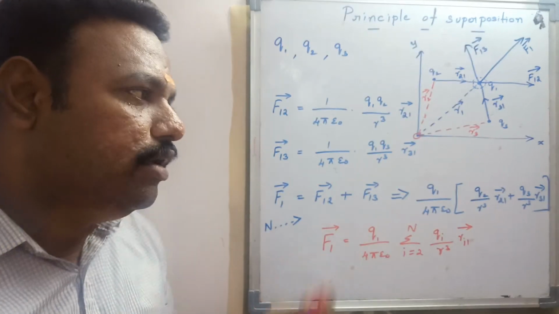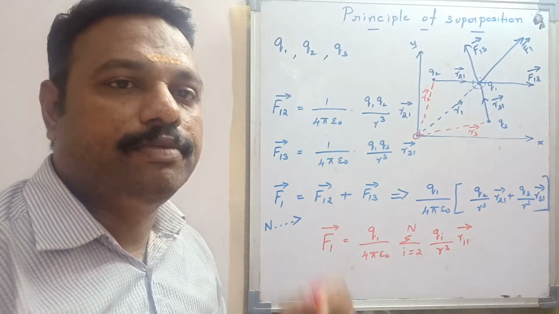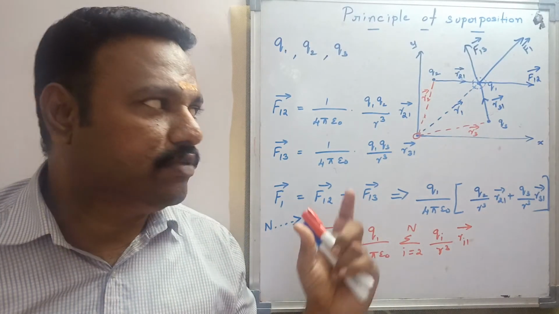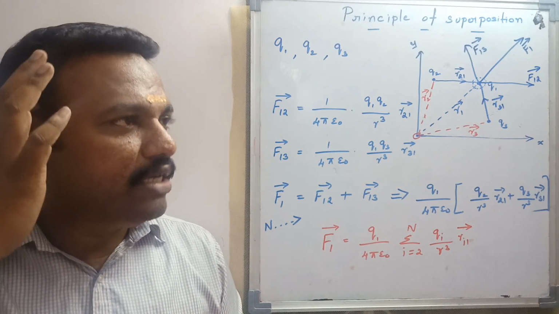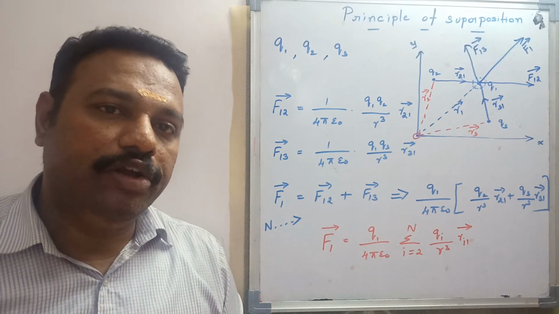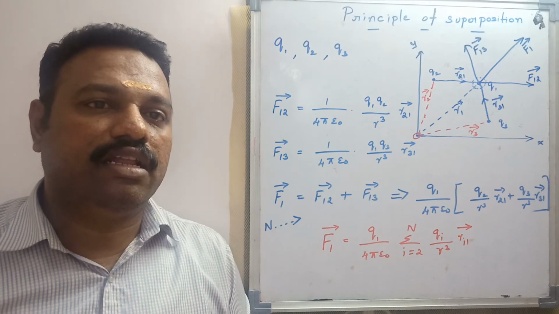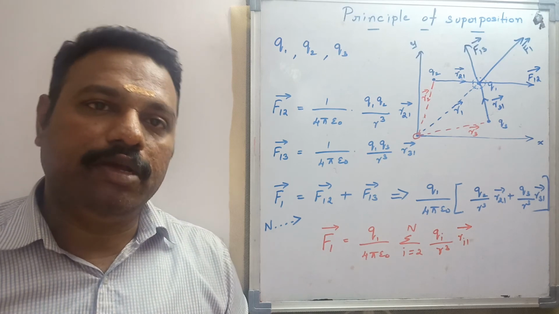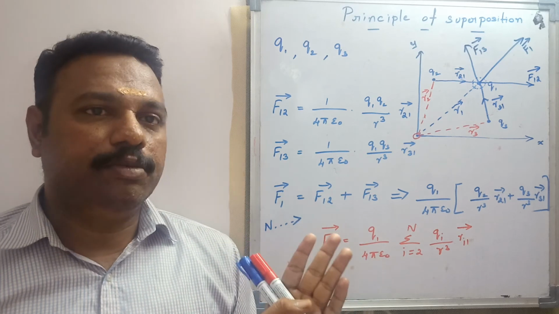In this class we have understood what the principle of superposition is and when it can be applied. It can be applied when you have more than 2 charges. If 2 charges are there, the force can be calculated by Coulomb's law. If you have more than 2, then you can use the principle of superposition.